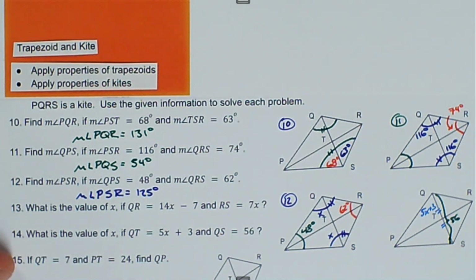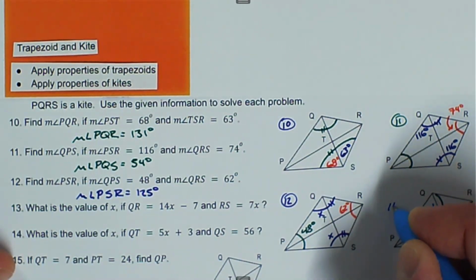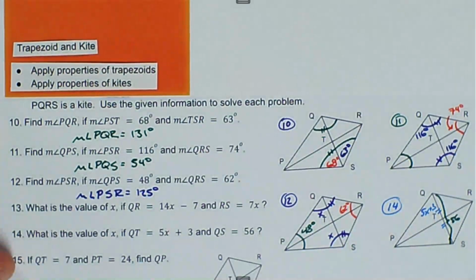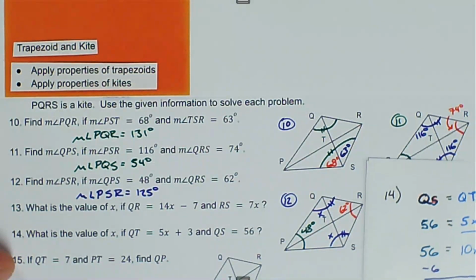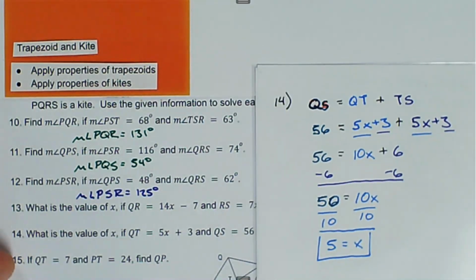Well, that was number 14. So number 14. We can say that QS is equal to QT plus TS. We can substitute that in, that QT and TS are both 5x plus 3.